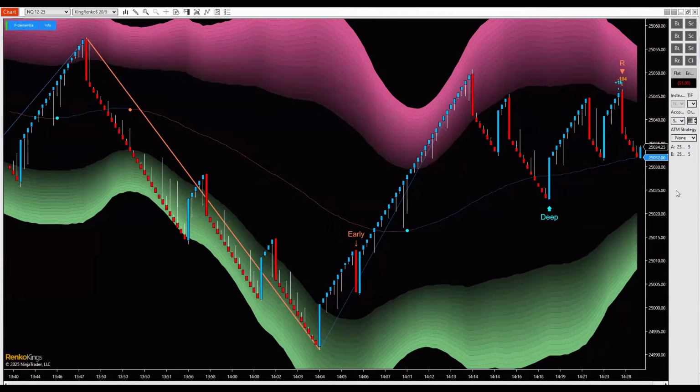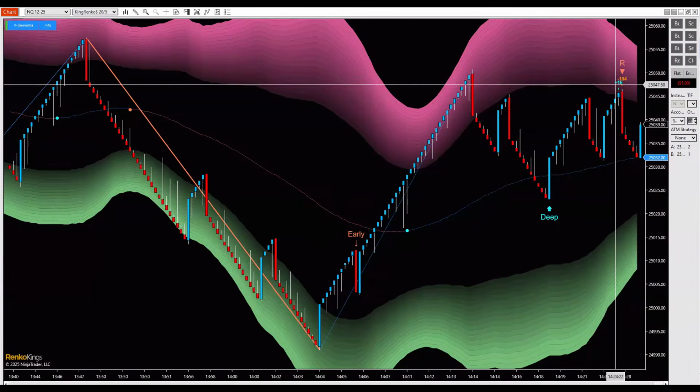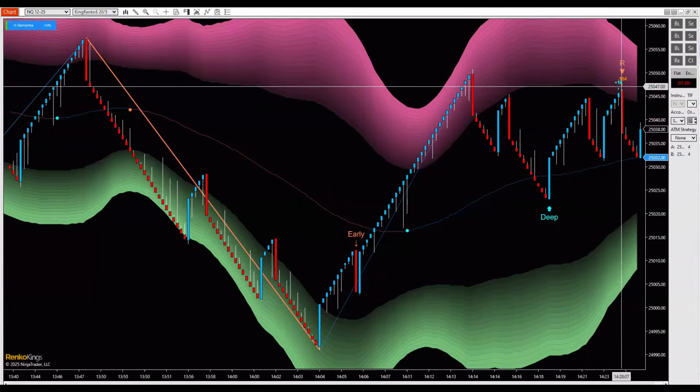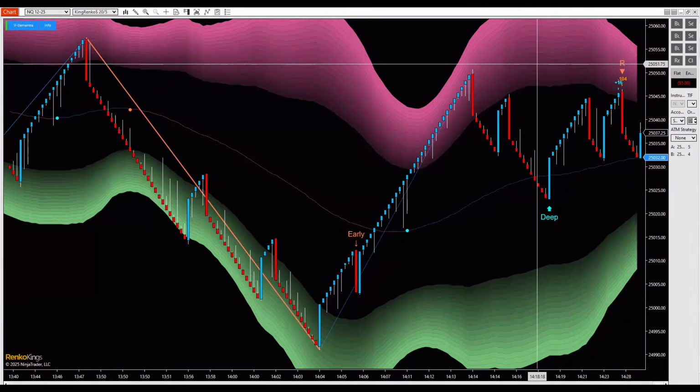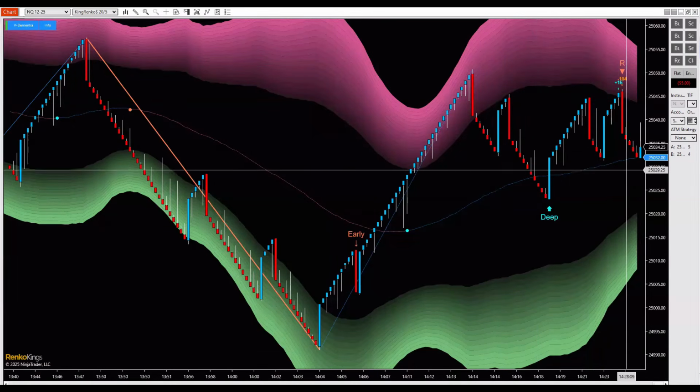Reversal trades, and wow, look at this. Now, they only occur in real time because that was a historical chart. That was bizarre. Yeah, this is the reversal signal. The reversal signal will occur when price goes inside the band, either dynamic support or dynamic resistance bands, and then price reverses.